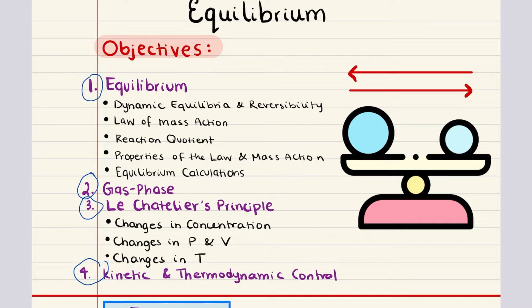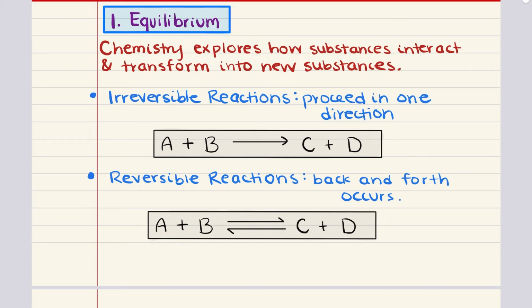At this point, the system is said to be at equilibrium. So while kinetics tells us how fast a reaction will occur, equilibrium gives us information on the extent of the reaction, or how much of the reactants will be transformed into products when the reaction is complete. With that, we can officially begin this chapter.